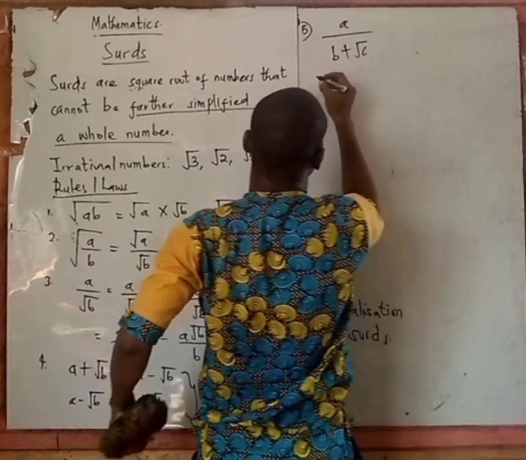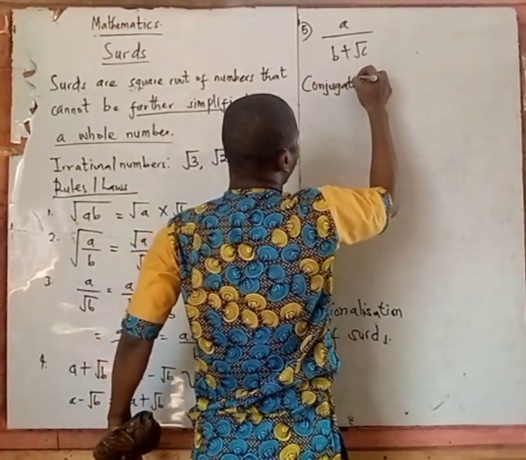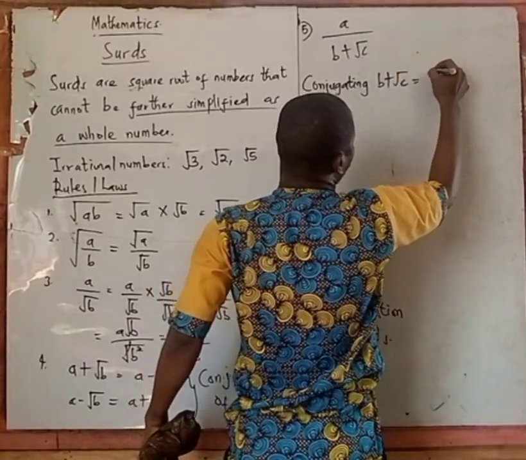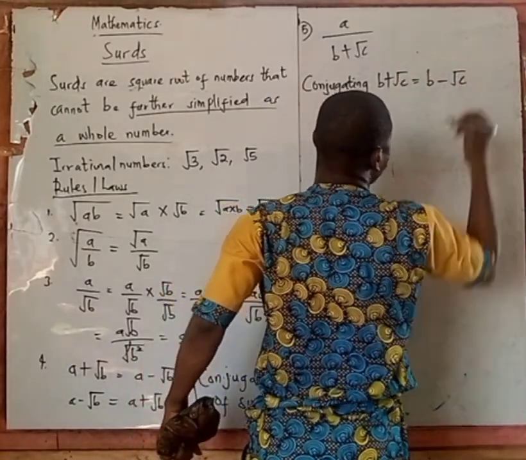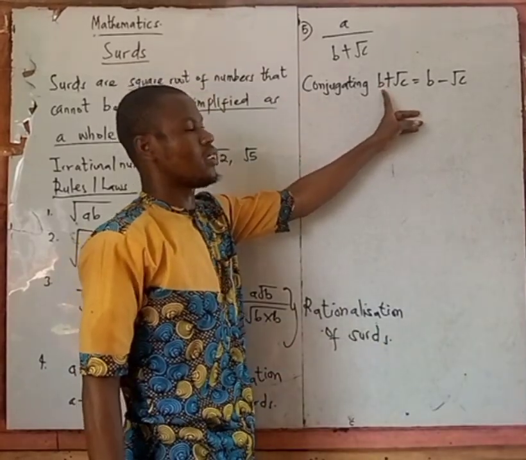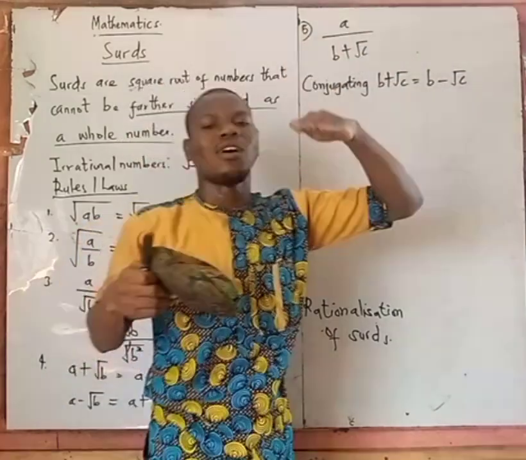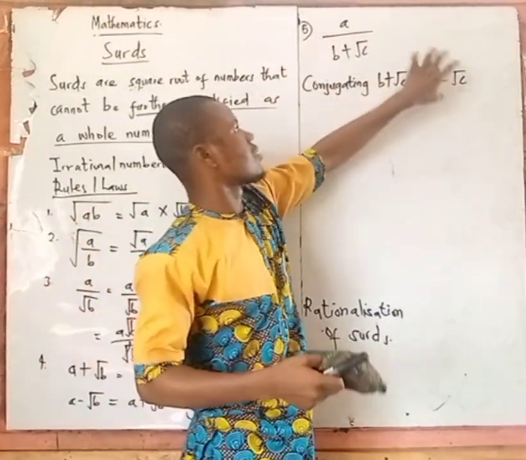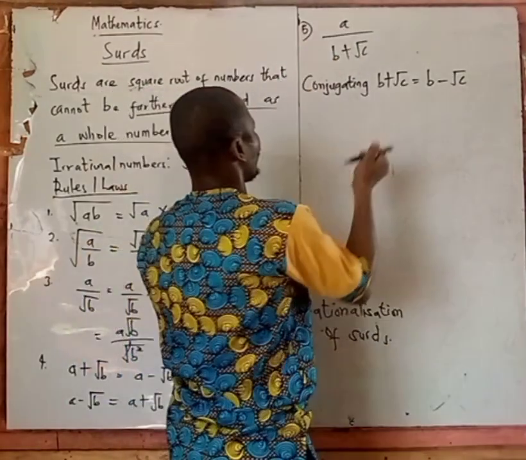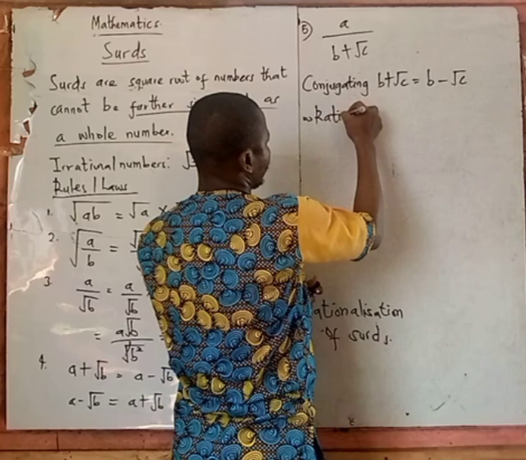So conjugating b plus root c will be equal to b minus root c. So this is the conjugate of this surd here. So conjugating b plus root c gives us what? b minus root c. I'm now going to rationalize this surd.